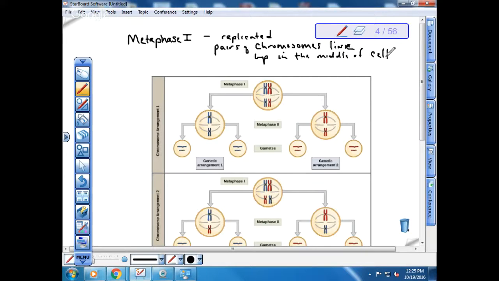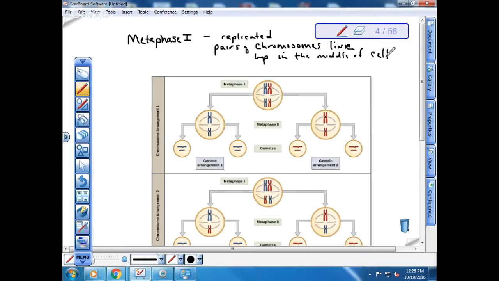Okay. So notice how when they are pulled apart, the sister chromatids are not pulled apart. So the chromosomes after meiosis 1 are still replicated, right? Because they have not been pulled apart. Also notice that we could have them arranged in different ways. So here, the blue and the reds are together, and they separate together, right? During meiosis 1.